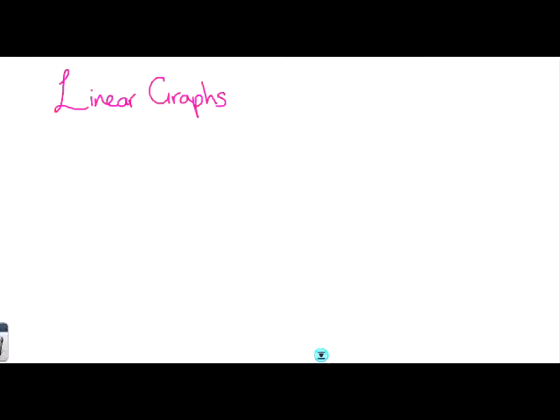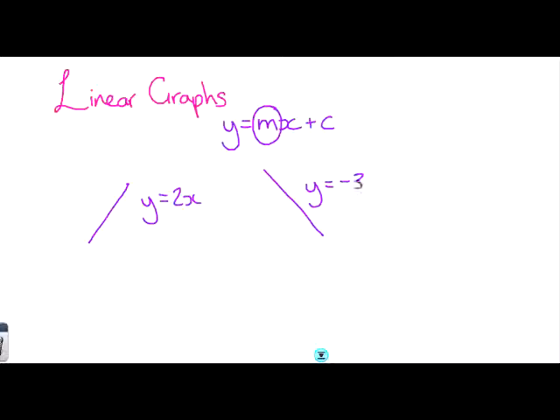So we should know already that we can express the equation of any straight line using this formula y equals mx plus c. And this bit here, the m, tells us the gradient, so whether it's going in this direction, a positive gradient like y equals 2x or 3x or 4x, or we can have it coming down in a negative direction, which would be minus 3x, for example.